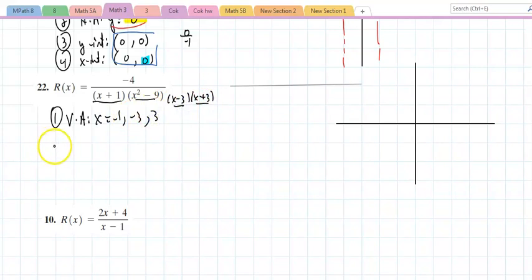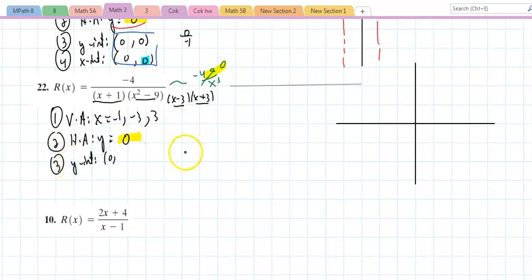There are 3 of them. 2, horizontal asymptote, y equal, you look for dominating term. What dominates the top? Negative 4. If you multiply those out, isn't the denominator dominated by x cubed? Any quantity over x will approach 0. That would be my horizontal asymptote. 3, find the y-intercept. Replace x by 0.